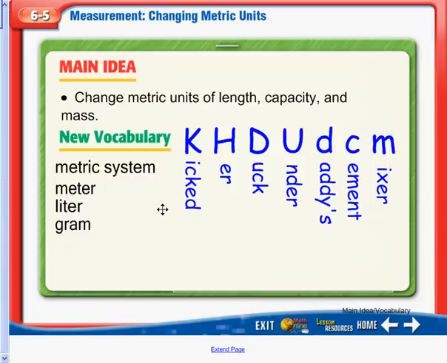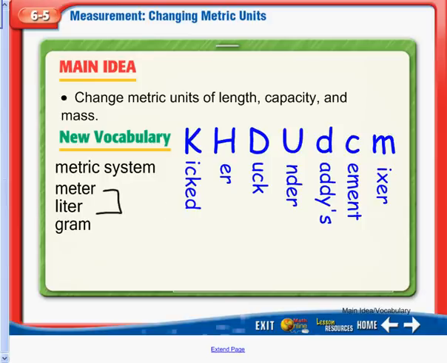The metric system is a system that we don't use as often here in America, but you're familiar with centimeters and meters, and not very familiar with kilometers, as we're mainly dealing with miles, yards, and inches, like the customary units that we went over yesterday.